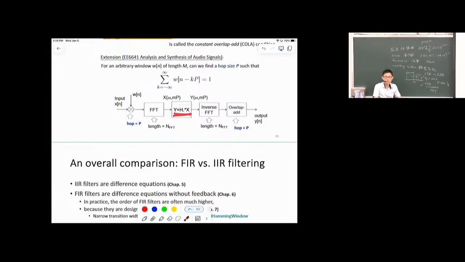That's a key point. After a certain analysis, you can show that this is more computationally efficient than performing direct convolution in the time domain. That's the entire flow.